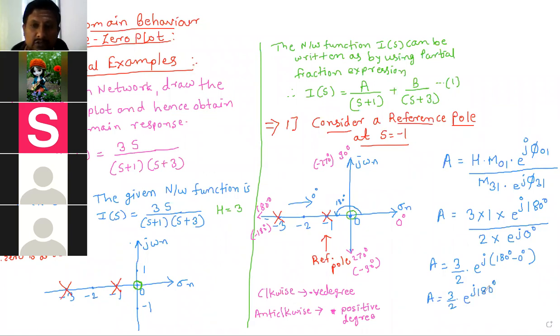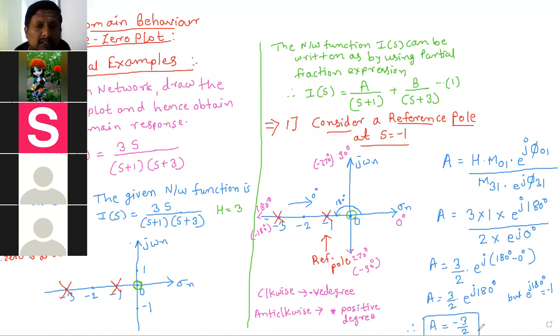Now e raised to j 180 degree is actually -1. e raised to j 180 degree is equal to -1. So that's why the A value will come -3/2. So this is the answer of A. So by partial fraction also we can get the same answer. A is equal to -3/2.